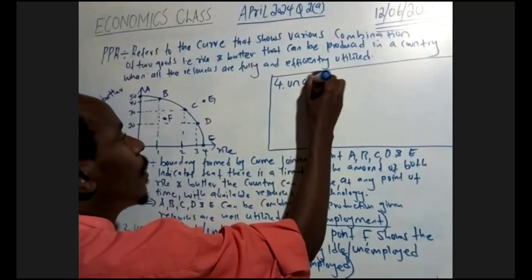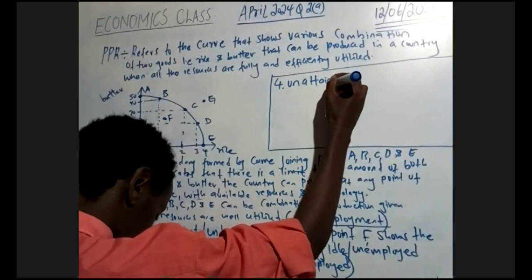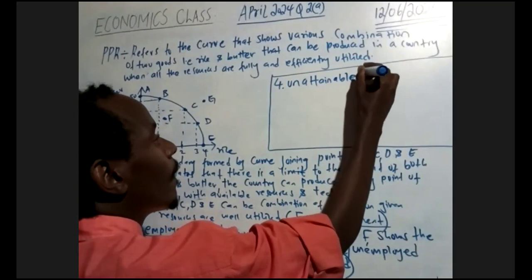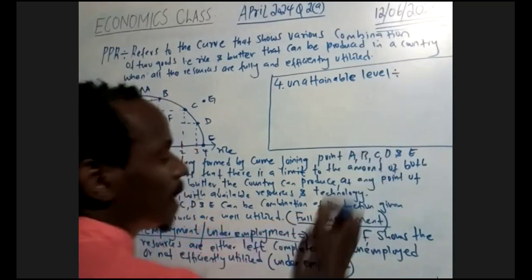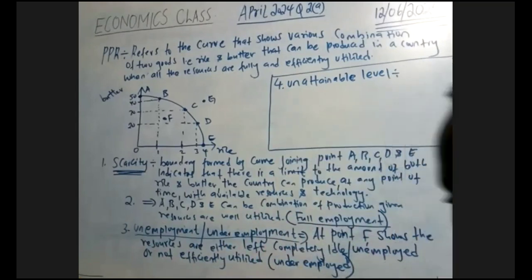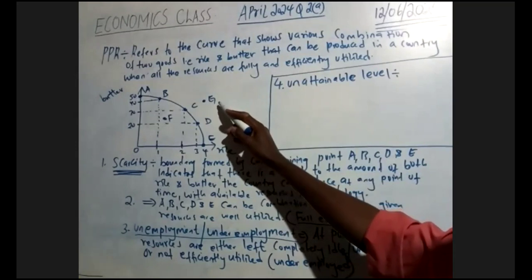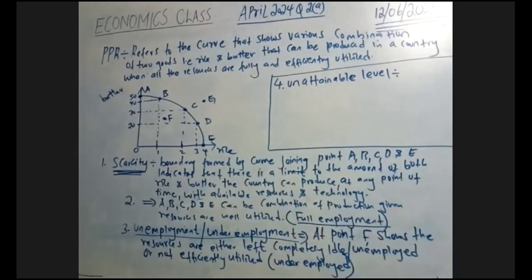The unattainable level is at point G, meaning we don't have the resources to produce at point G. The country doesn't have sufficient resources to produce at point G. So that one is called an unattainable level.